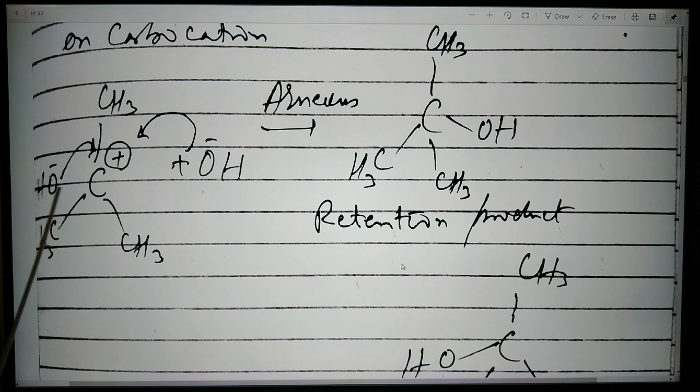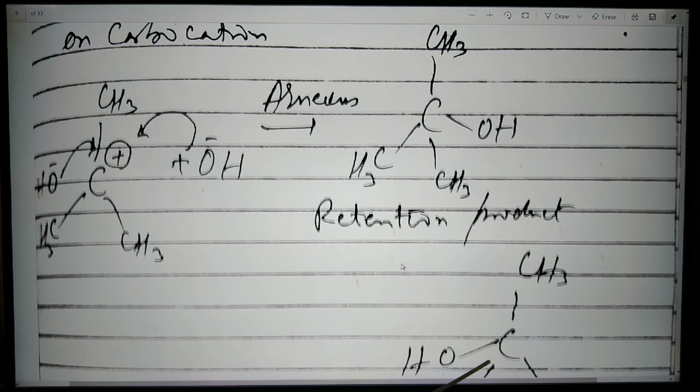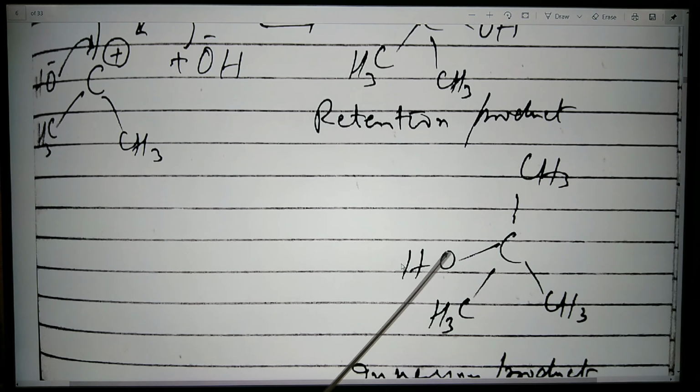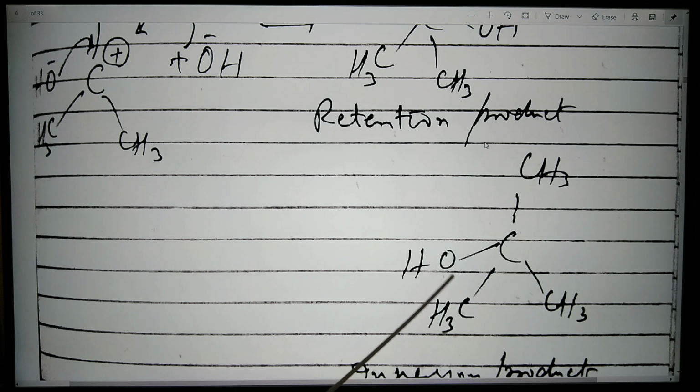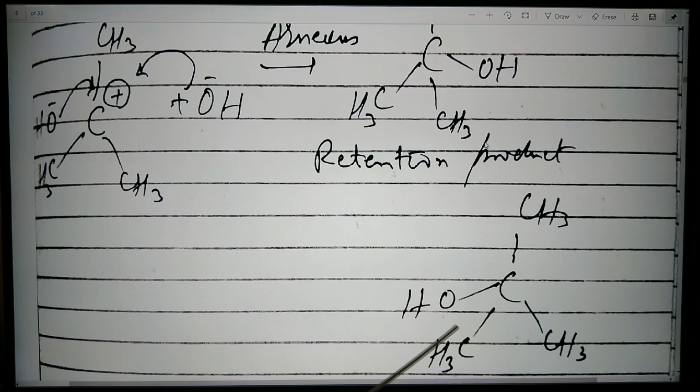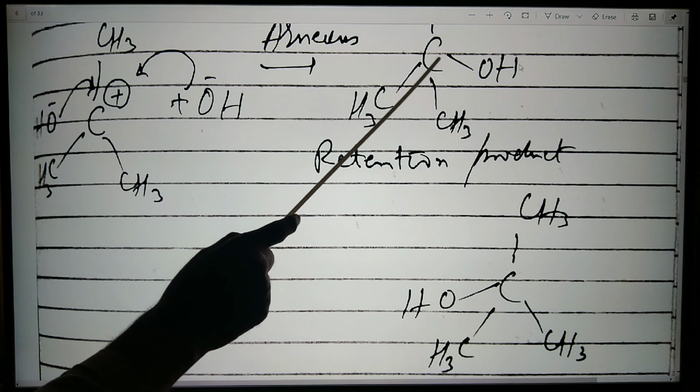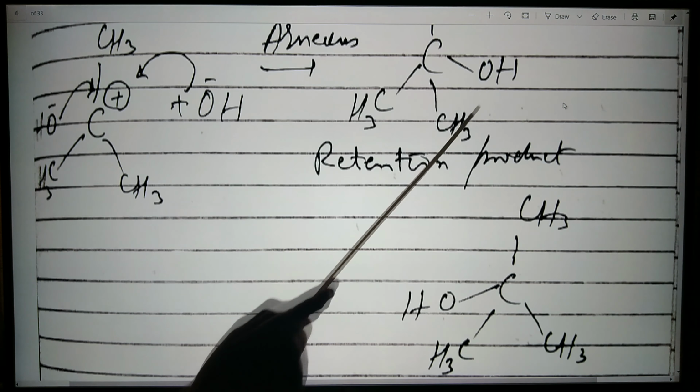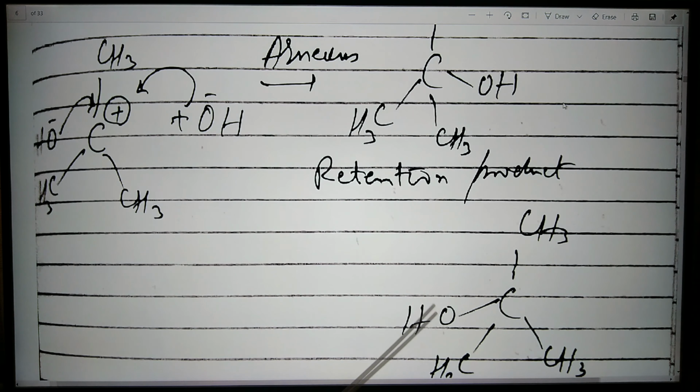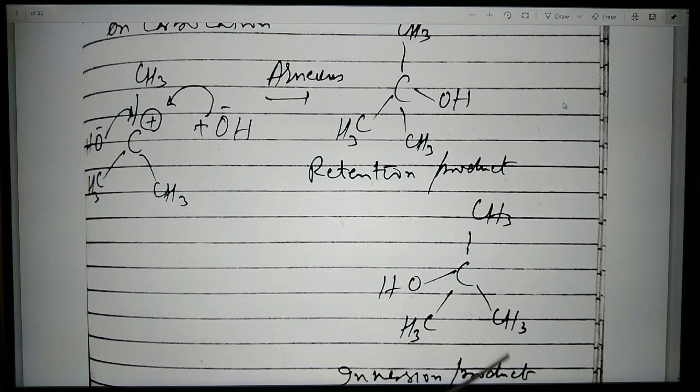The second one, if it is attacked from the back side, then OH attaches on this side, and this is a mirror image. Whenever we look in a mirror, we will get this OH on the other side. So this is called the inversion product.